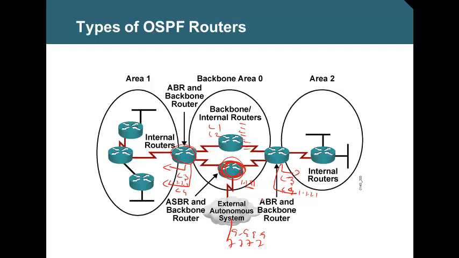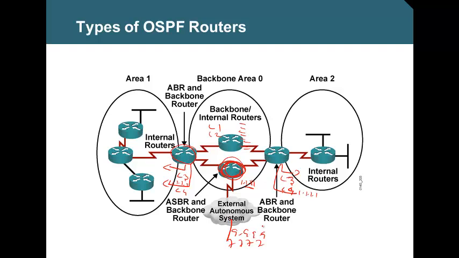You need to understand this very well. Next, what is type 5? Type 5 is called the external autonomous system LSA, or autonomous system external LSA.